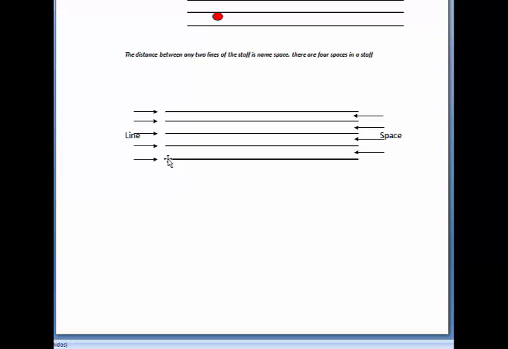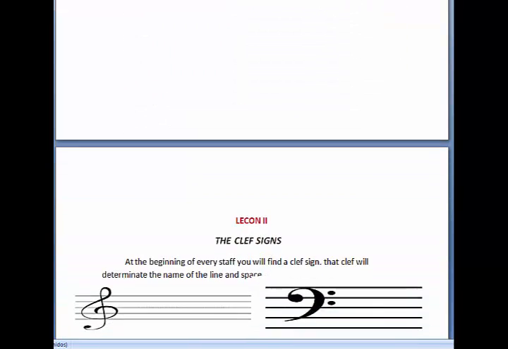You see all the lines. You have 5 lines; if you count, you'll see 1, 2, 3, 4, 5. And the spaces: you'll see 4 spaces, 1, 2, 3 and 4. Each line has its own name, and each space also has its own name.